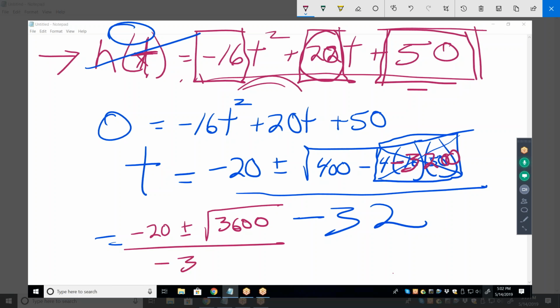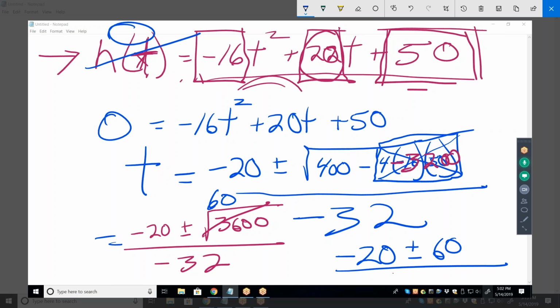What's the square root of 3,600? 60. Okay, so I can replace that whole thing with 60. And now what I have is minus 20 plus or minus 60, all divided by minus 32.